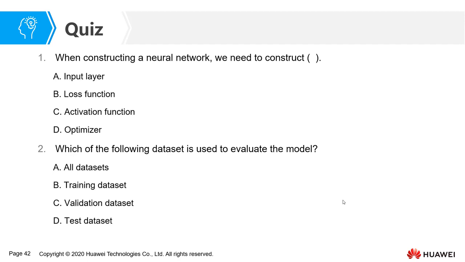Question 2. Which of the following datasets is used to evaluate the model? Is it all datasets, or just the training set and the validation set? The answer is D. What is the validation dataset? The validation set searches for the best hyperparameters of the custom parameters, not to evaluate the model.